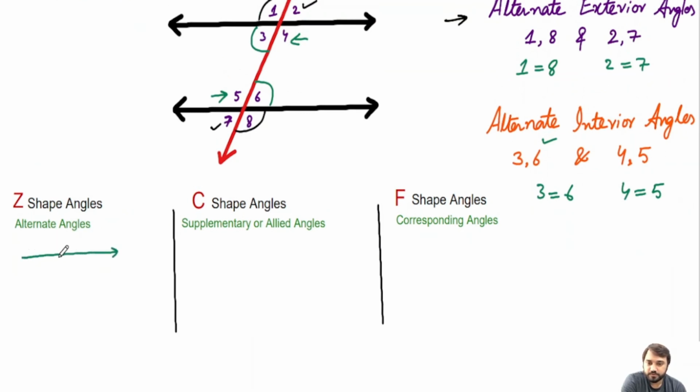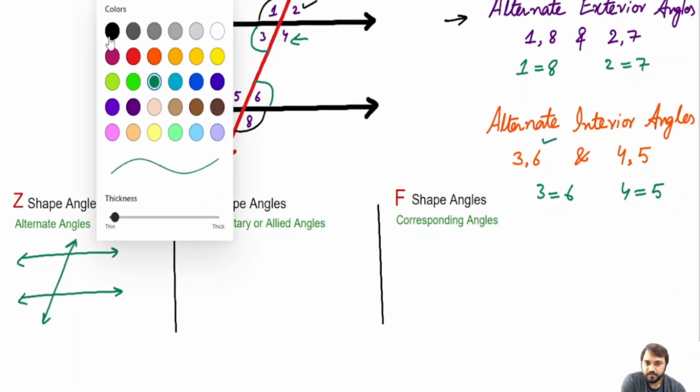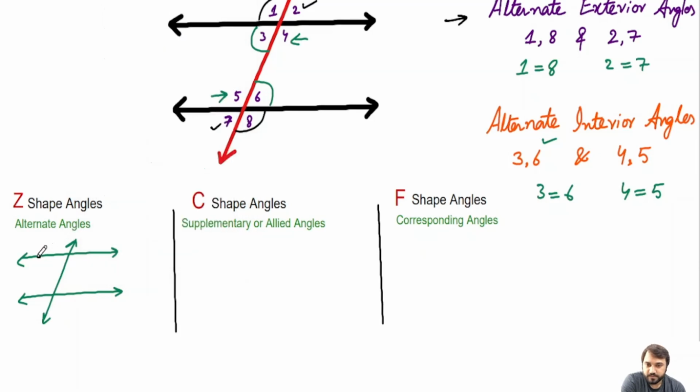If you have 2 parallel lines and this is our transversal line, just look at this Z. If you find a Z like this, then these angles are equal. These are alternate interior angles. So Z-shape angles are equal.